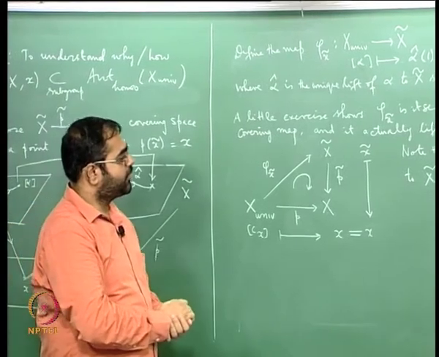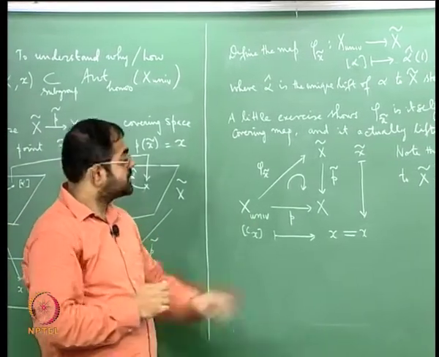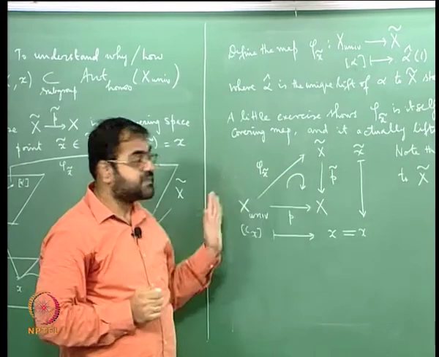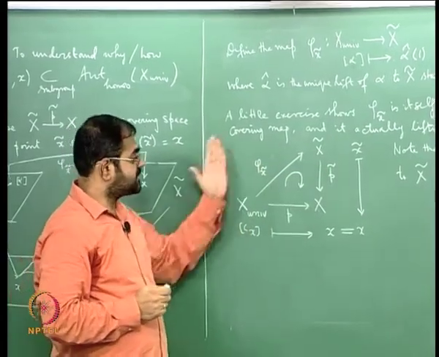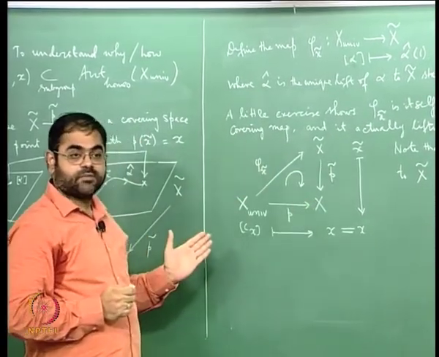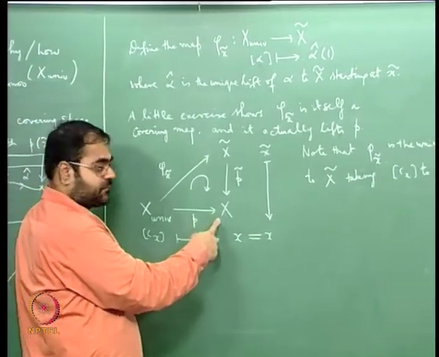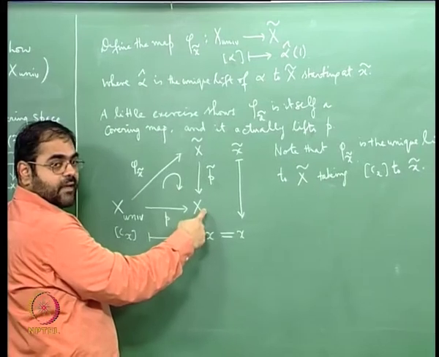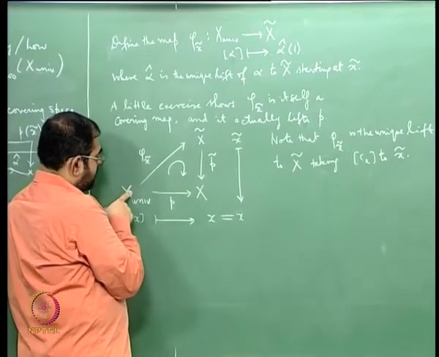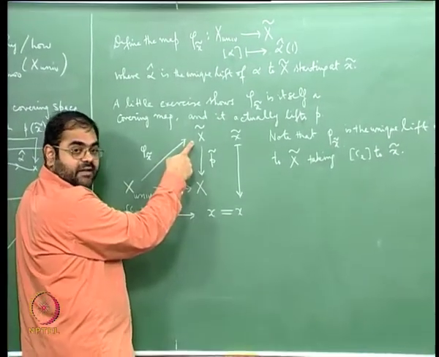Now in addition, this is what is called the universal property of the covering. So what it does is, you give me any other cover, okay, the universal covering space is also a covering space for any other covering space.